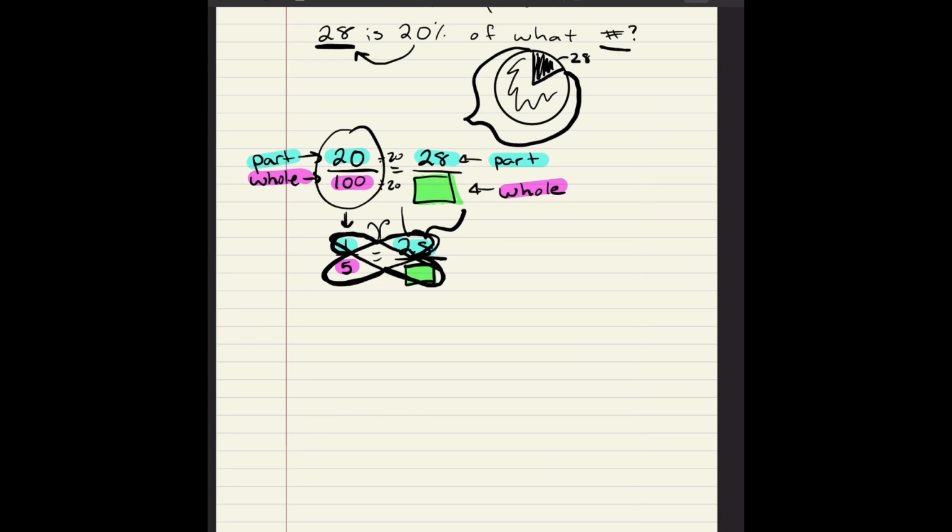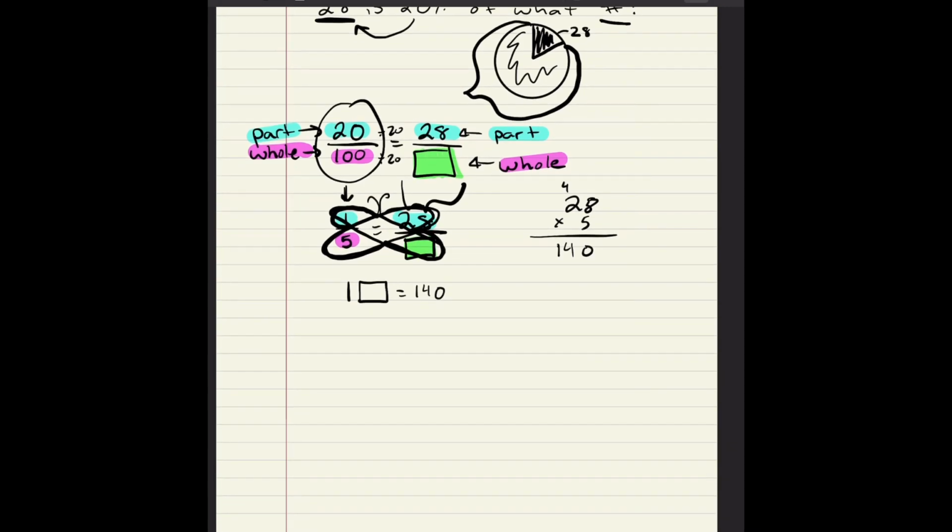So now I have 1 and the unknown number together is equal to 5 times 28, which should give me 140. 5 times 2 is 10, plus 4 is 140.